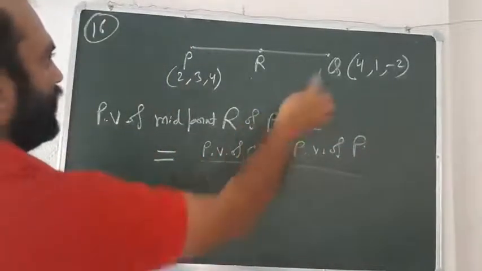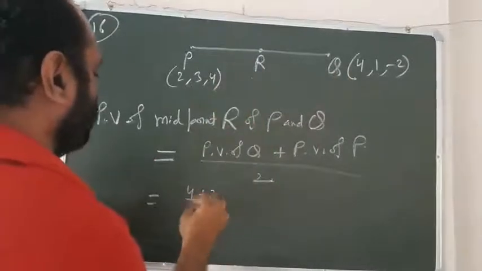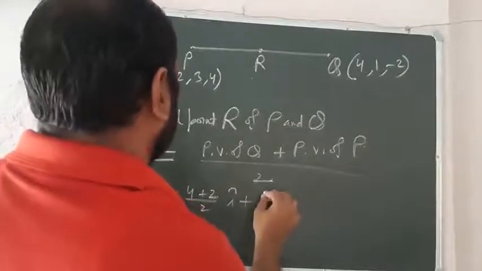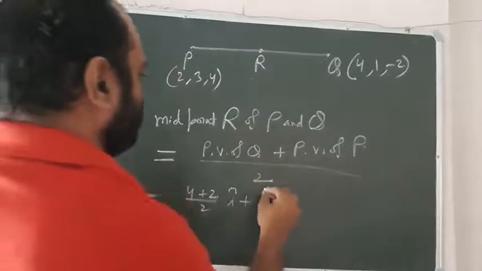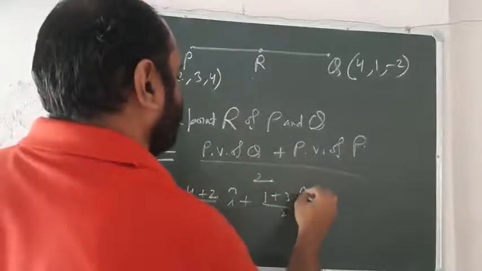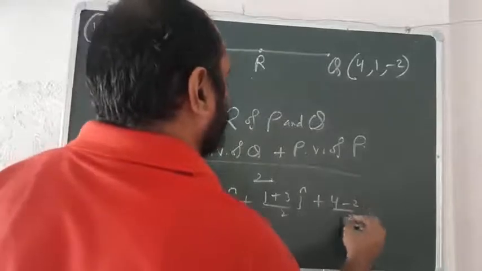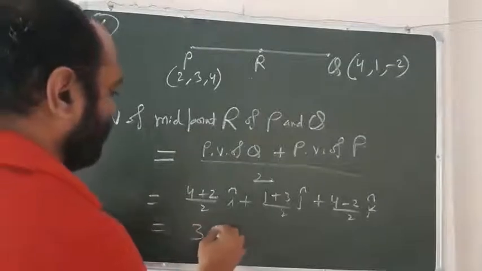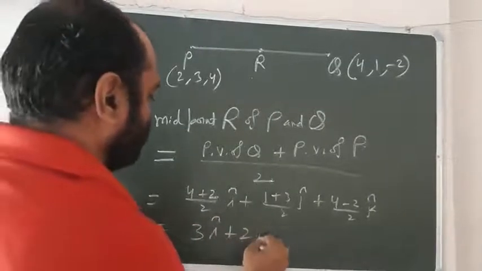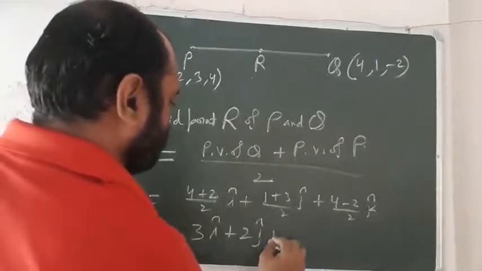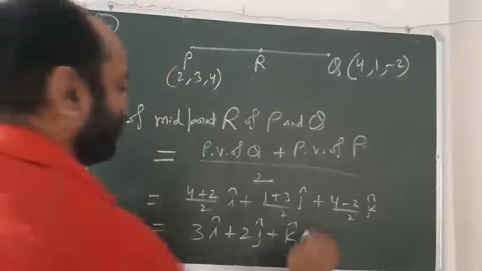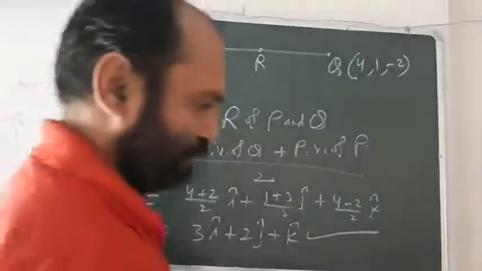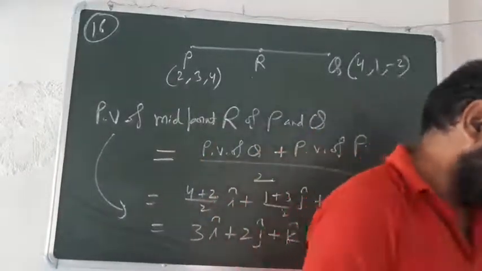So we will get 4 plus 2 by 2 I cap plus 1 plus 3 by 2 j cap plus 4 minus 2 by 2 k cap. The answer will be 3 I cap plus 2 j cap plus k cap, right? This is the position vector of the midpoint of P and Q.